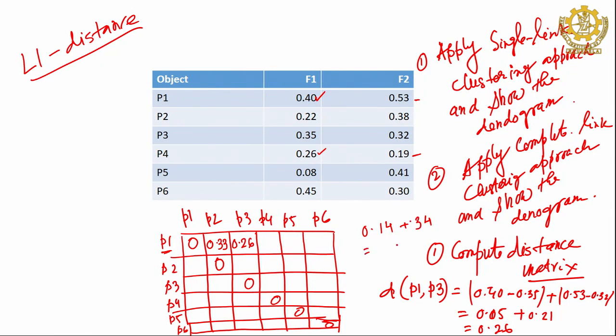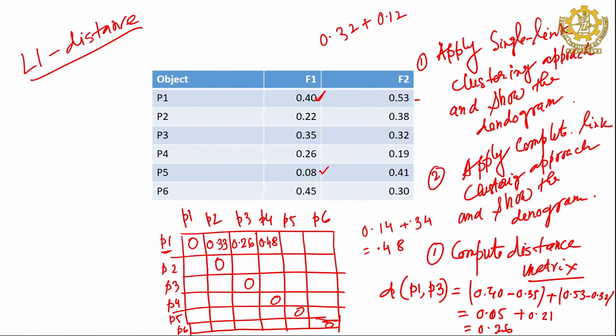So, if you add it, this will be 0.48. Then P1 P5. This will be 0.32 plus 0.10, right.